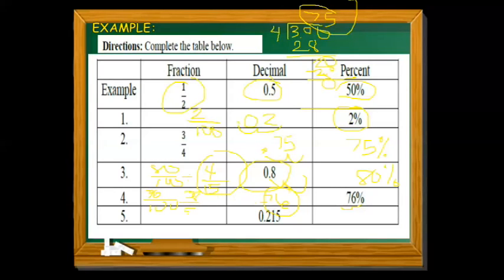Since it can still be divided, we simplify it again by 2. So it becomes 38, sorry, 38 over 50. Then it is divisible by 2 again. So we have 19 over 25. If it can no longer be simplified, that's the answer. 19 over 25.